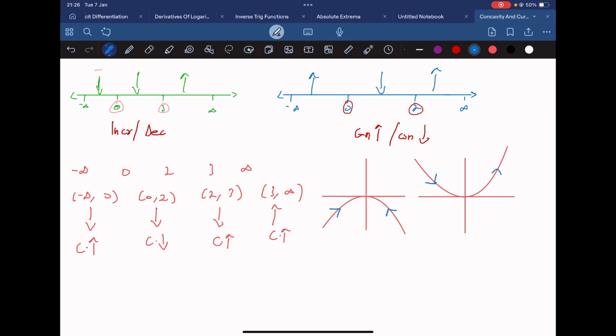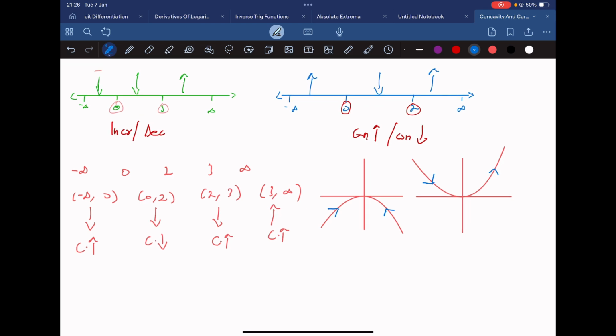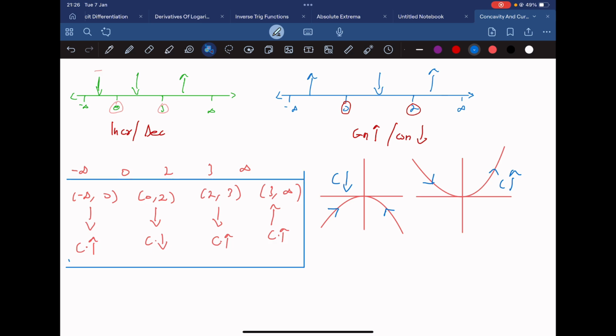Remember, if it's going this direction, then this is concave down. If it's going this direction, this is concave up. Okay, so we are going to use this set of information right here to see the shape of our graph, right?